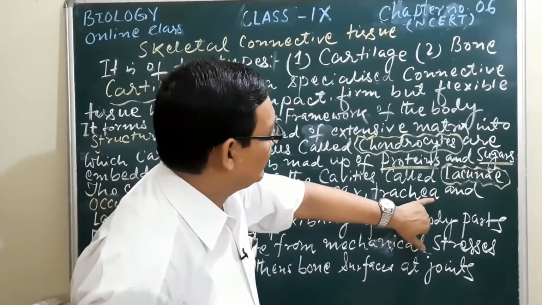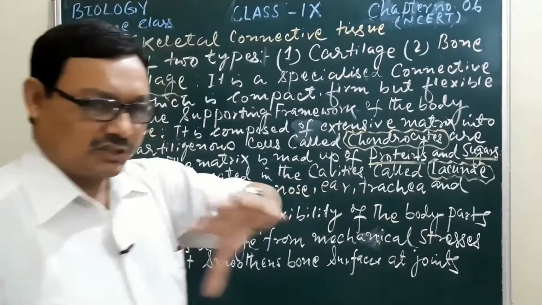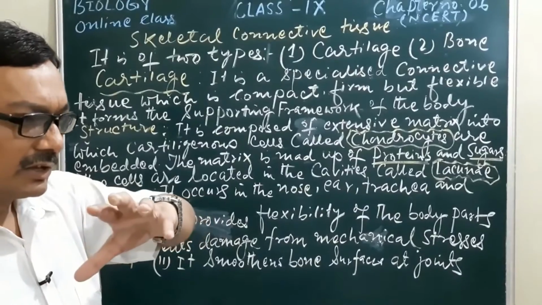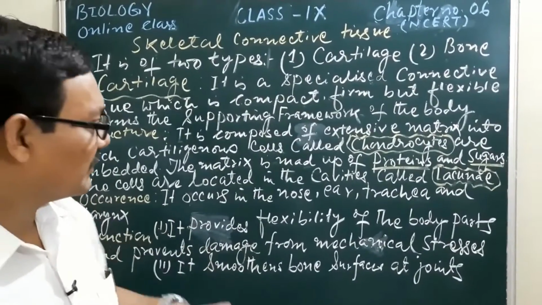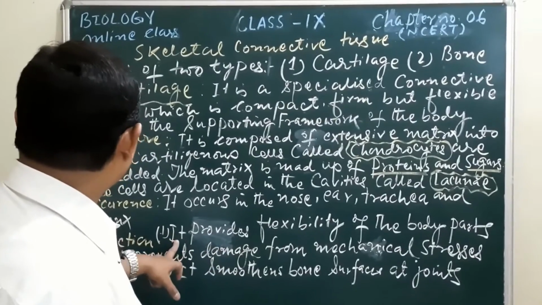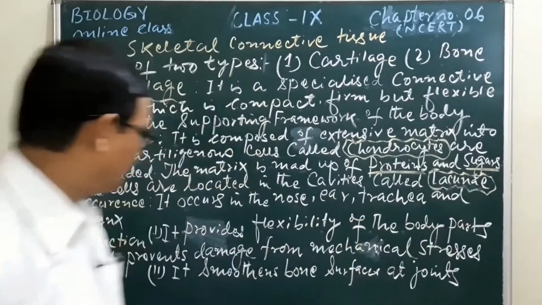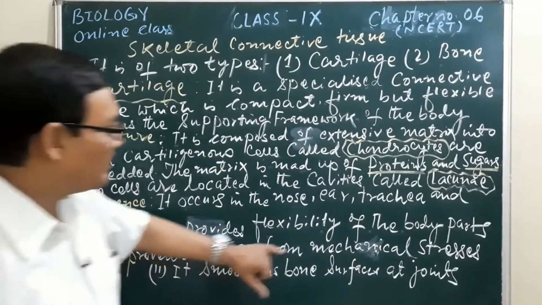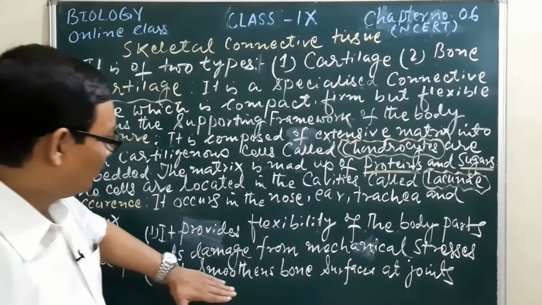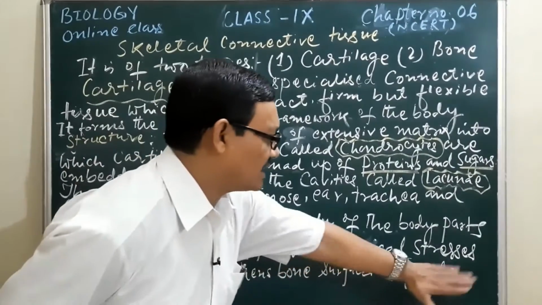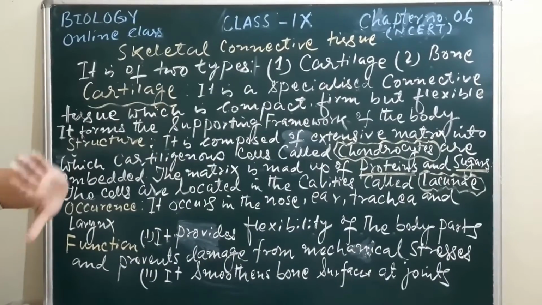Due to the presence of cartilaginous tissue, the respiratory tube does not collapse. It provides flexibility to the body parts and prevents damage from mechanical stresses. It smoothens bone surfaces at joints. So this is the short description of cartilage.